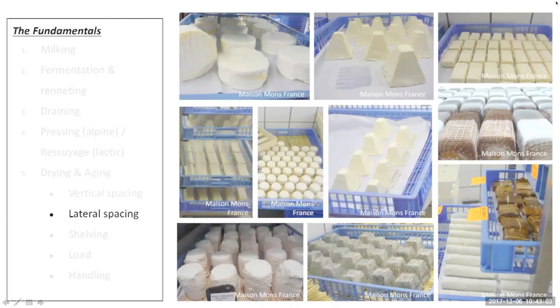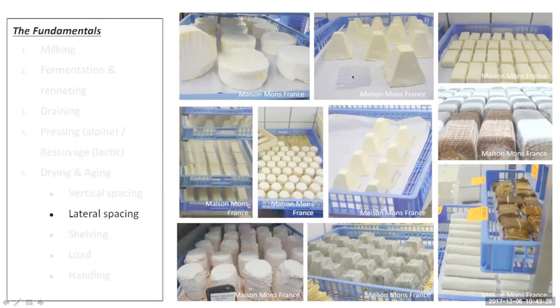There are cases where you will be putting them very close to one another. Here you can see we have some bars. They're incredibly close to one another. And the reason was because they're actually fairly dry, and we didn't want them to dry out any further. So, do you manage the humidity of the room or the ventilation of the room, or do you play around with lateral spacing? The answer should be all the above, if possible.